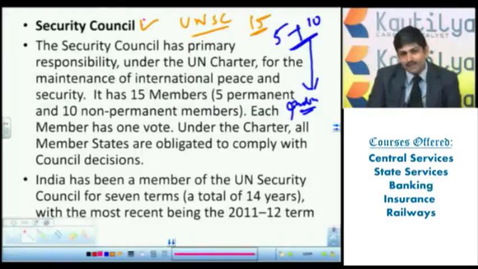Only 2 nations are opposing India's membership: China and Pakistan. Apart from India, Japan, Brazil and Germany are also aiming to secure permanent membership in the United Nations Security Council.